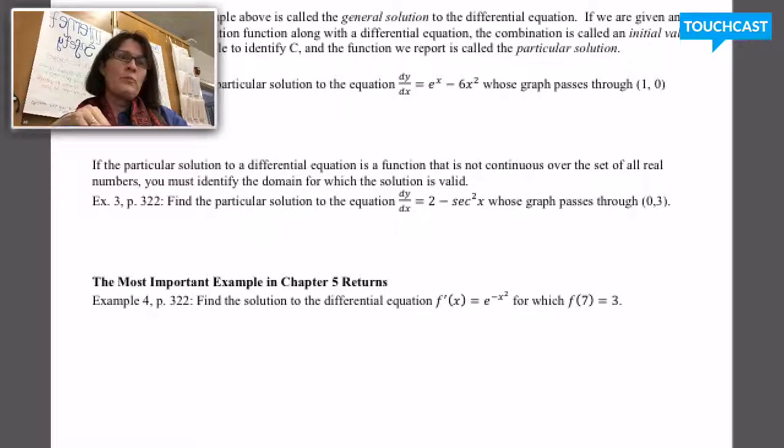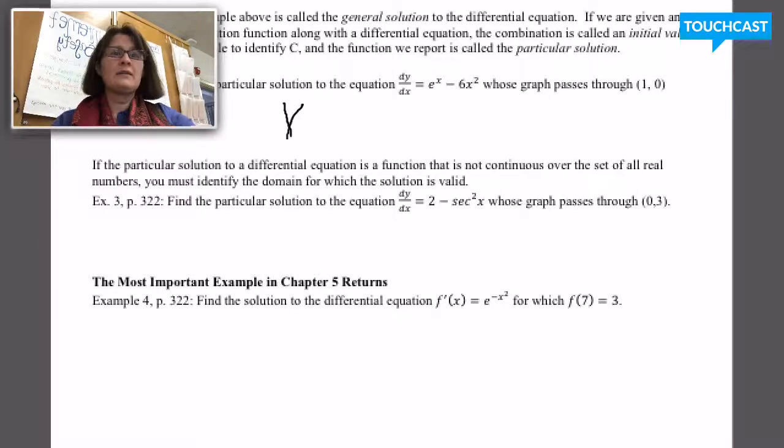So this next example, again from your textbook, says find the particular solution to this equation. Dy dx is e to the x minus 6x squared. And I've been given this one ordered pair. So 1 is the x and 0 is the y. So we start by finding the general solution, thinking of an antiderivative for this derivative.